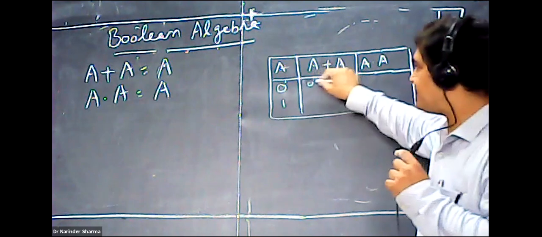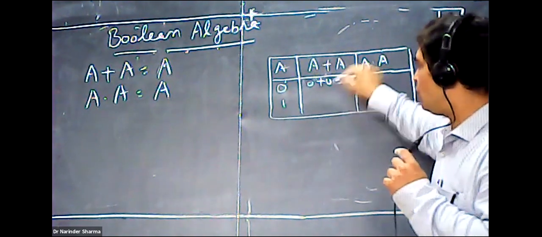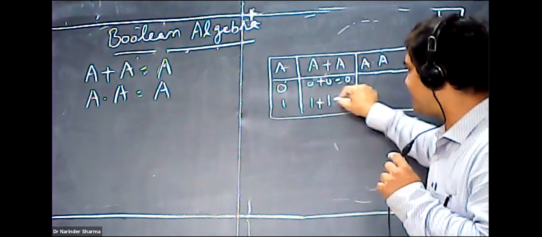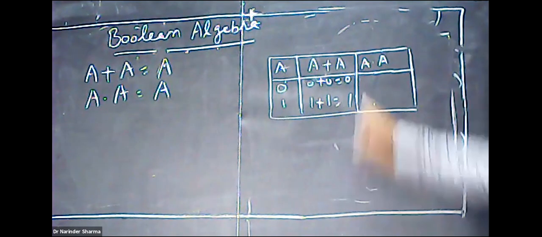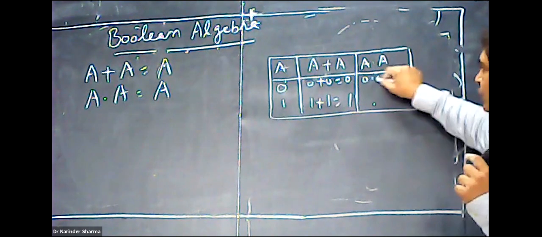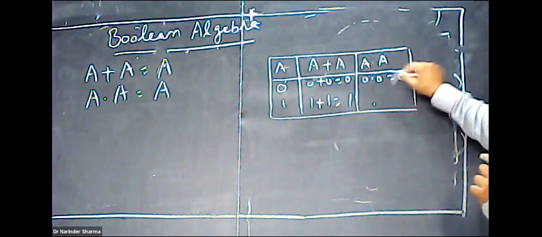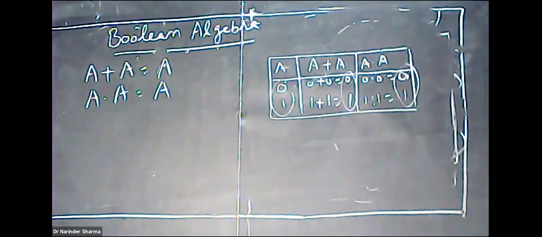A is 0, 0 plus 0 will be equal to 0. Here A is 1, 1 plus 1 is equal to 1. In this case, A is 0, 0 into 0 is equal to 0. In this case, 1 into 1 is equal to 1. In both the cases, you will find A is 0, 1. So this is about the identity law.